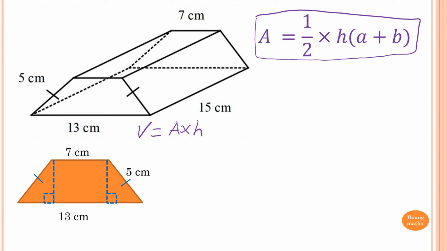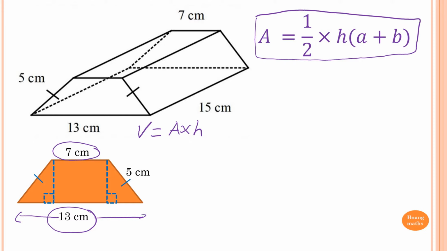Now, to find the area of the trapezium, first of all, we know that 7 centimeters and 13 centimeters go all the way from this end to this end. Now we need to find h first, obviously.